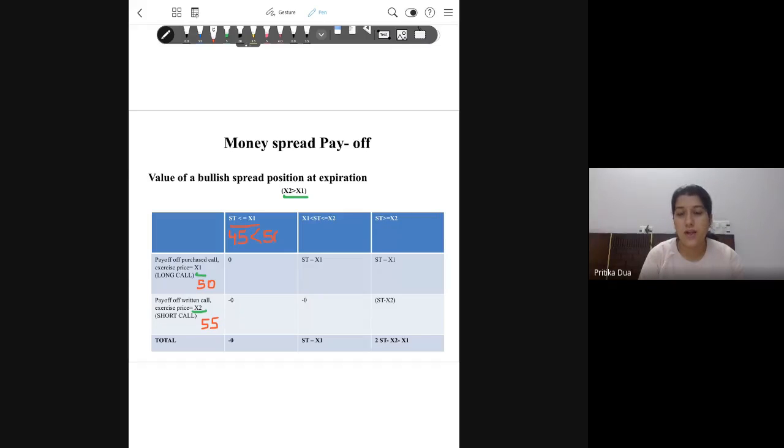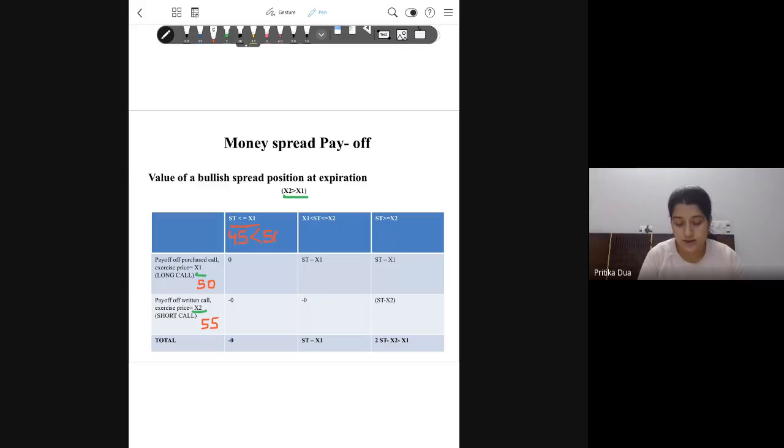Now, if the share is already available in the market at a price lower than both X1 and X2, none of the call options will be exercised. So both the options expire worthless. That is the reason you are getting a 0 and a 0 under both the cases, which makes the intrinsic value of the combination strategy 0.